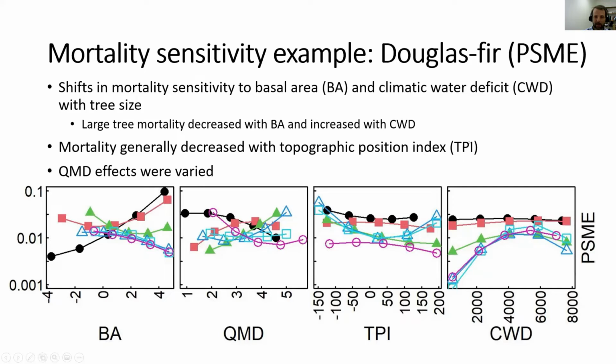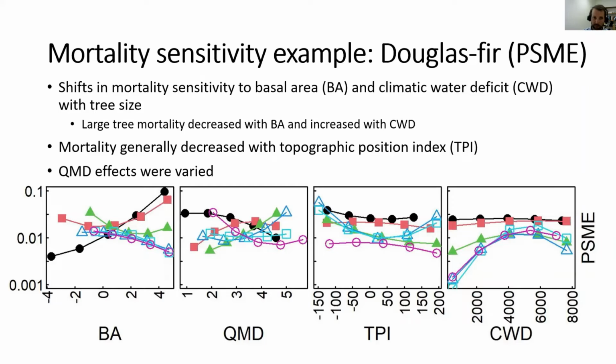For TPI, the topographic position index, it's interesting. In most cases, there is somewhat of a pattern of a decrease, though it's a little bit muddled here, which is interesting to say that mortality is a bit lower in those upper parts of the landscape as opposed to down in the wetter parts of the landscape, which is kind of interesting. And then for tree size, the quadratic mean diameter, it's sort of all over the place.